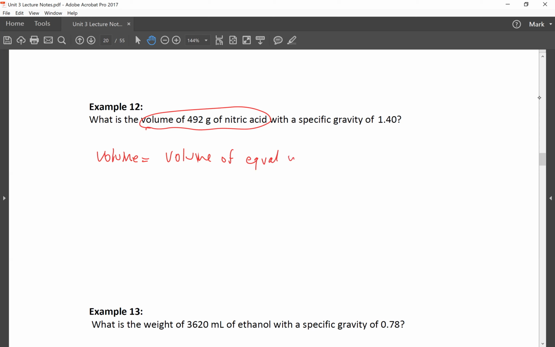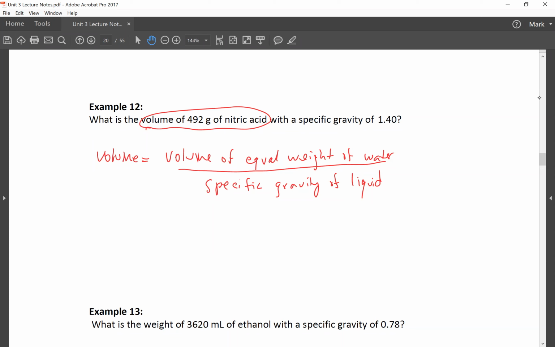Volume of equal weight of water. Okay, well, I don't like equations that are that big. And then specific gravity of our liquid. Not of water, but of our liquid. Now, we can solve this right now, but you need to think about something.